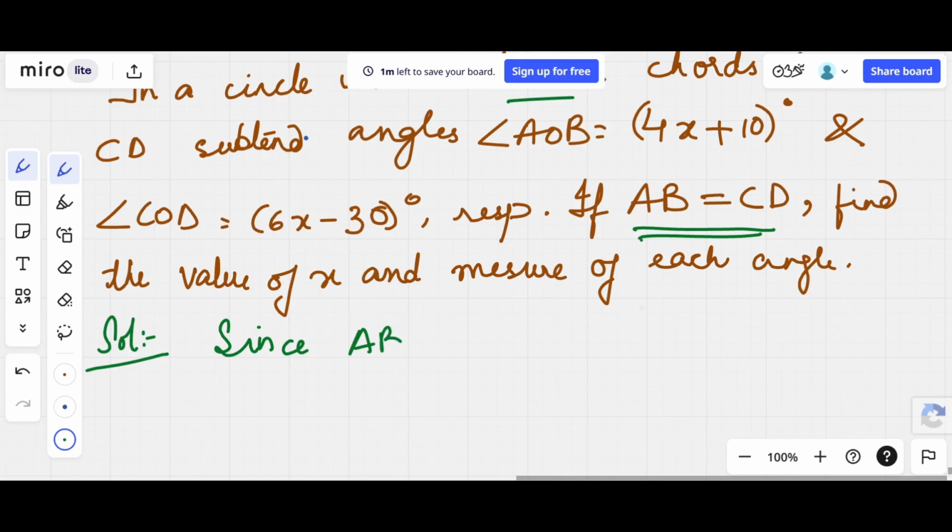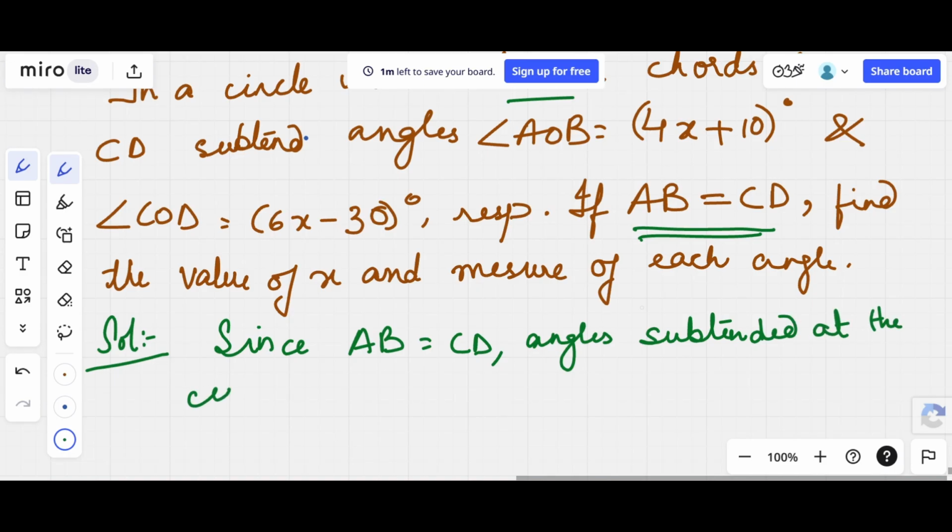Since AB is equal to CD, angles subtended at the center are equal. So this is your theorem number 2.